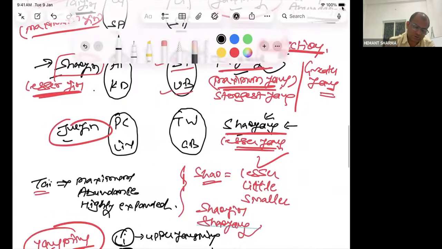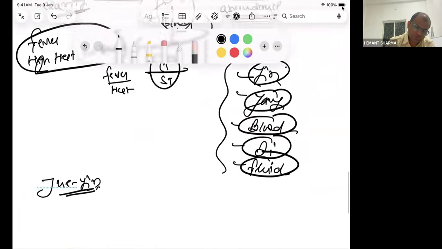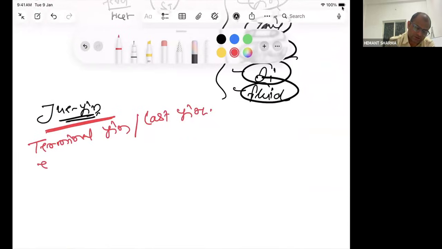Now the last thing remaining is Zu yin. The meaning of Zu yin is last yin or the terminal yin. Last or the extreme yin.